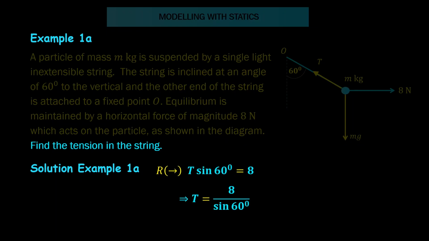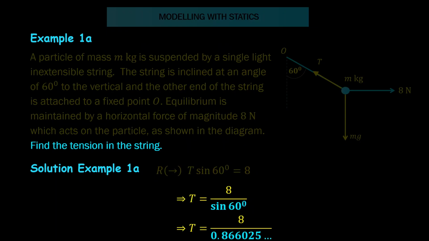And so rearranging this gives us that T equals 8 over sine 60. And sine 60 is root 3 over 2, or 0.866025, and so on. And plugging this into your calculator should give you that T equals 9.2 newtons.